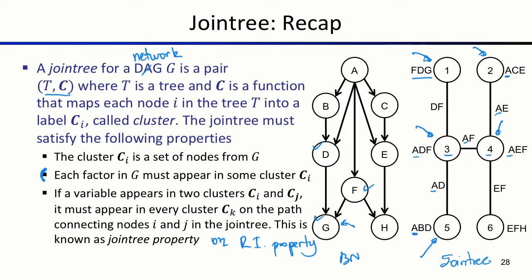So if we say that we're going to take A out of here, it's also true that we need to remove it from the separator, right? And it means that when we send the message here, the message will sum over A and eliminate the variable A because it's not part of the separator.